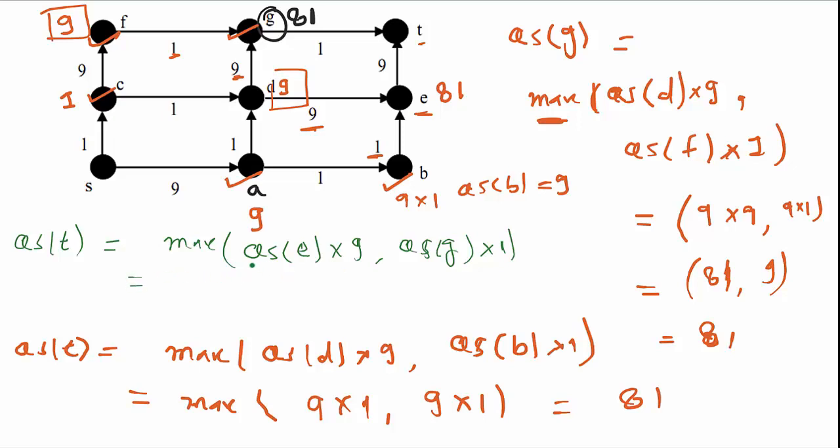The quality score of E is 81, so 81 into 9, comma, the quality score of G is again 81, 81 into 1, right? So I need to take the max.